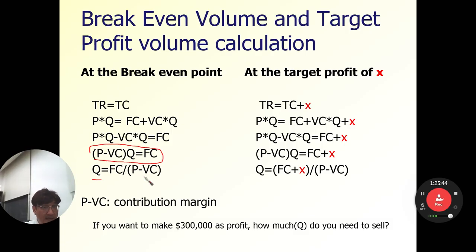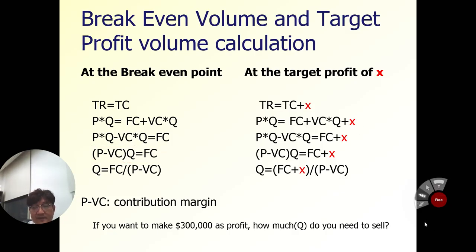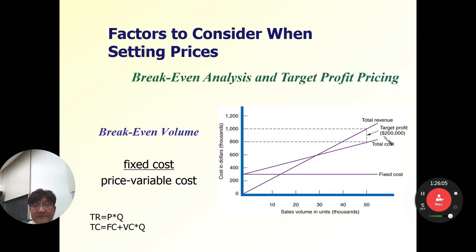Now, like I said, what if we have a specific profit level, the so-called target profit? What if our target profit is 200,000?